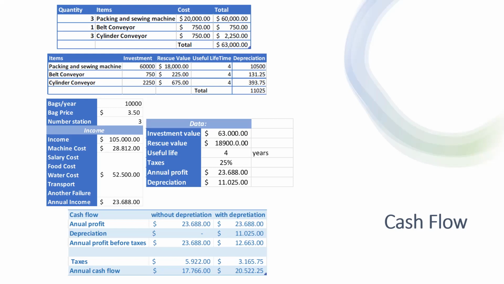So we obtain the annual income of 23,688, and there we got our data table that resumes all these values for calculating the cash flow with depreciation and without depreciation. Next one.